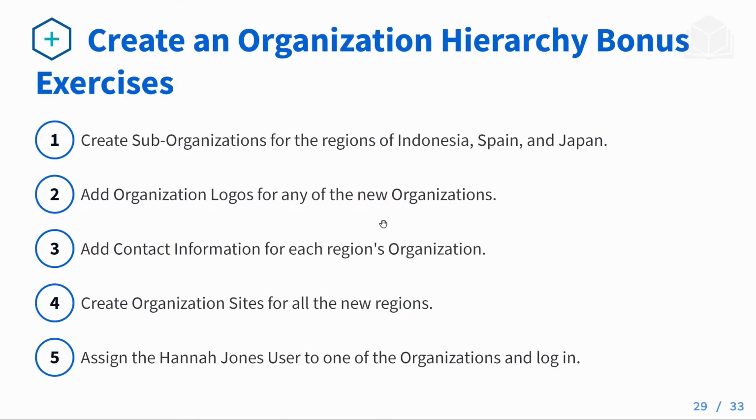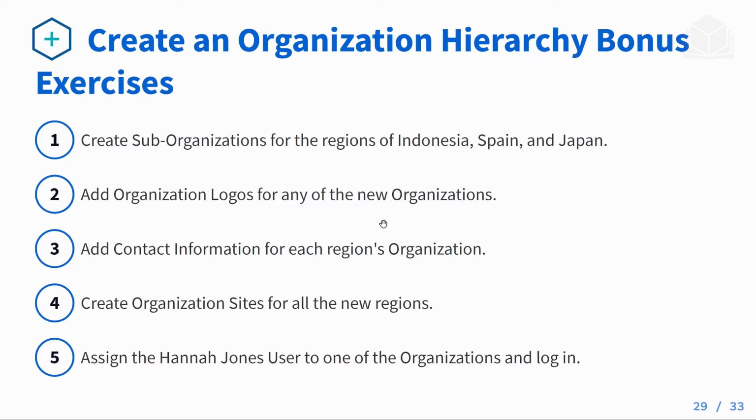If you want to do a bonus exercise, you can create additional sub-organizations for the regions of Indonesia, Spain, and Japan. You can test out adding logos to these organizations. And just like in the last exercise, if you want, you can play around with editing the contact information for the organization, further ways to define and describe your organizations and add additional metadata or information.